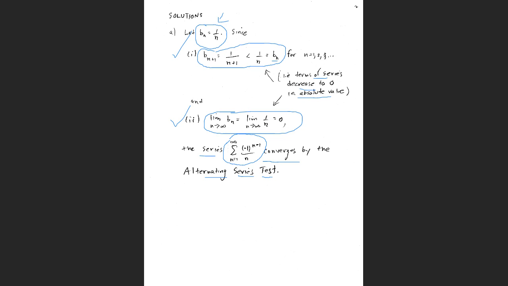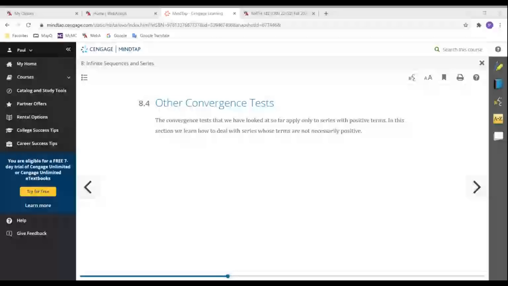Okay, let me just show you in the book here real quick. Let me go in the ebook. So section 8.4 deals with this: the tests that you've seen so far apply only to series with positive terms. In section 8.4, you learn how to deal with series whose terms are not necessarily positive, like this alternating series we're looking at.